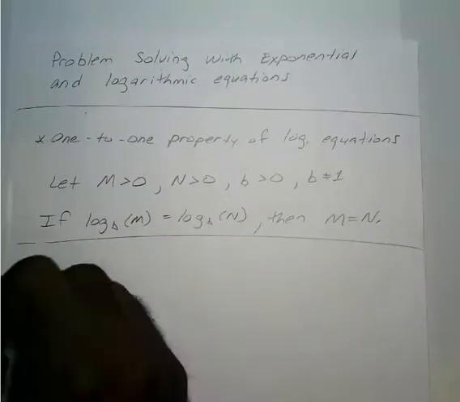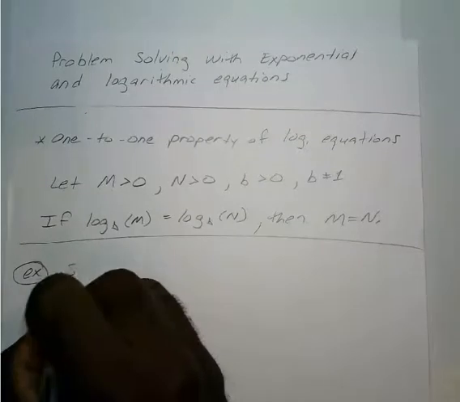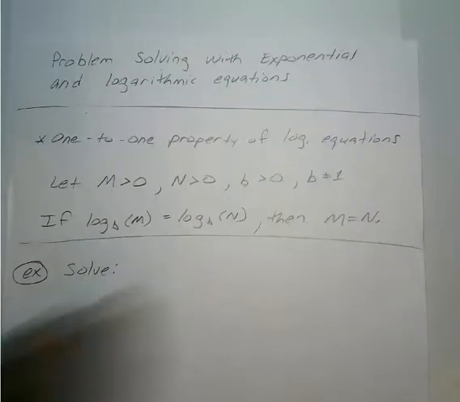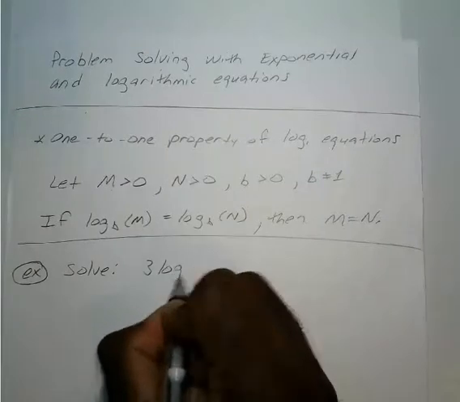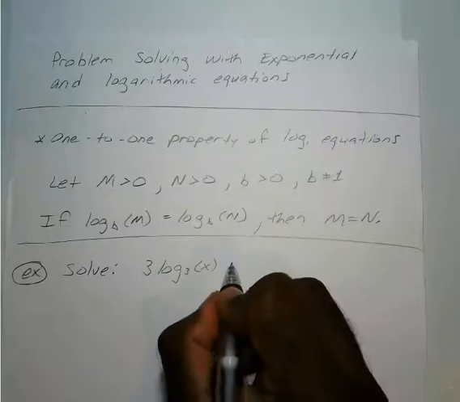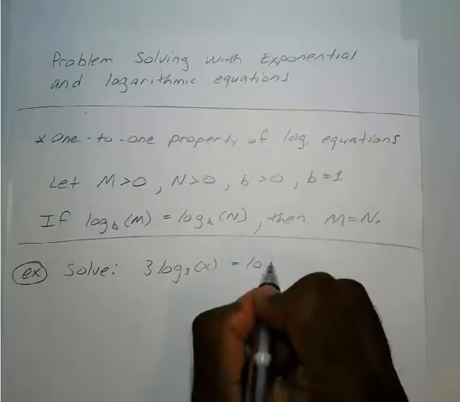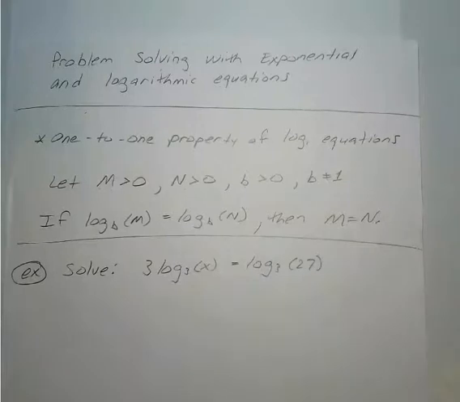Let's say, for example, we wanted to solve 3 times log base 3 of x equals log base 3 of 27. Let's say we wanted to solve that one for x.